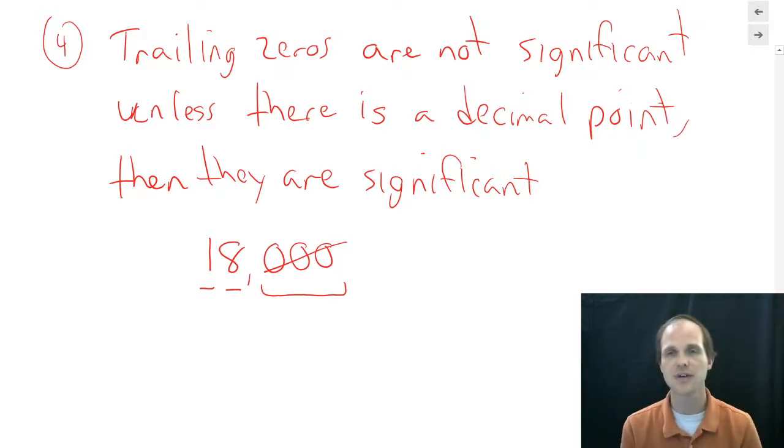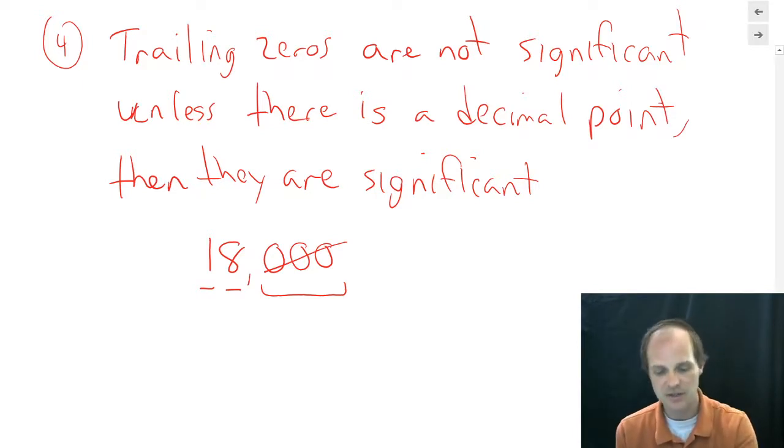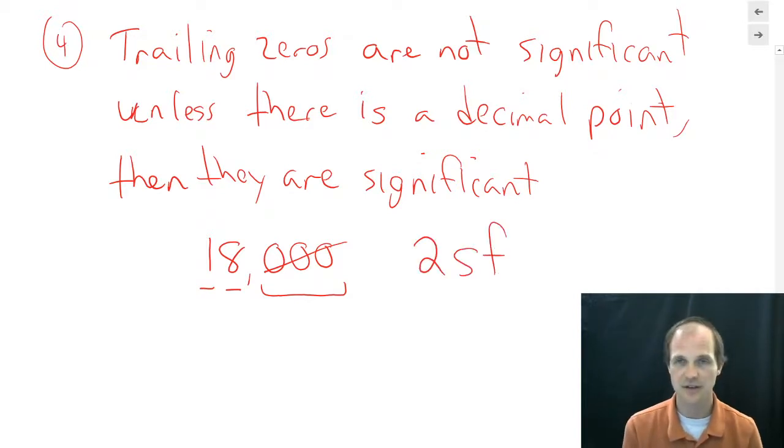If I don't write the zeros, I have the number 18. With the zeros, I have the number 18,000. Very different numbers. So important zeros, but not significant zeros. Nobody measured that third 0 and knows that it's 0. It could be a 4, it could be a 7, it could be a 3. We don't know, we don't really care. We just know that we have 18,000, and that's got 2 significant figures.